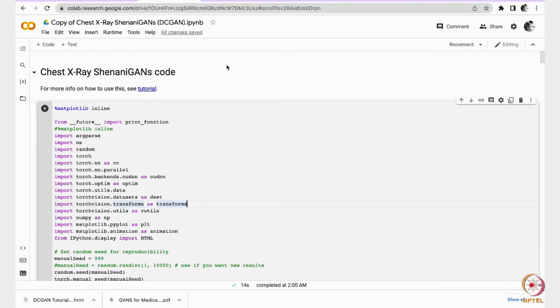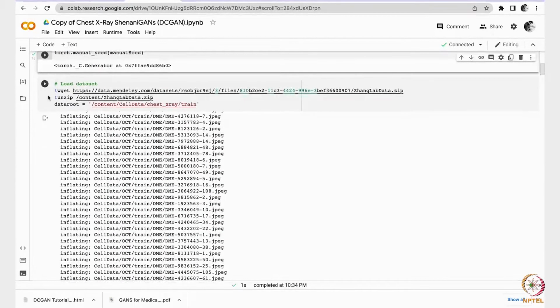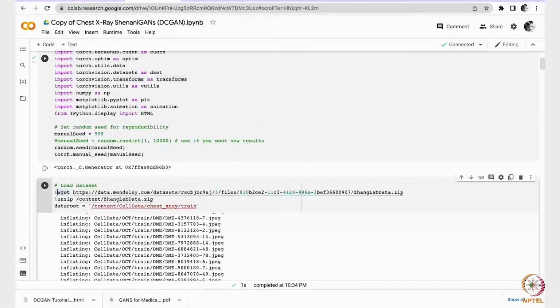Once you open Google Colab, you can see this one. It takes some time. You need some patience. First part is run. Here we are going to download the dataset.